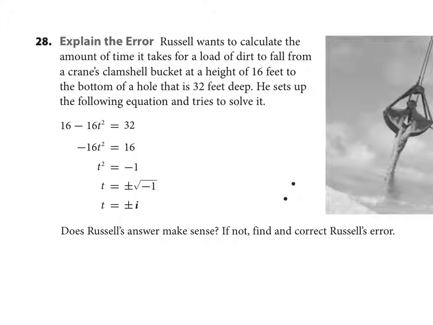If you think about what's happening, you have a crane that is dropping dirt to the bottom of a hole. So realistically, is the dirt eventually going to end up in the bottom of the hole? Yeah, that logically makes sense. But they're ending up with an answer of positive negative square root of i. What that means is that there are no real solutions.